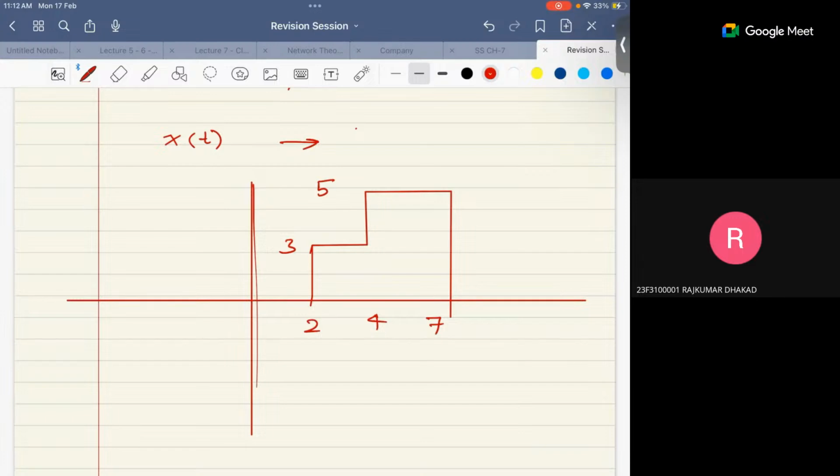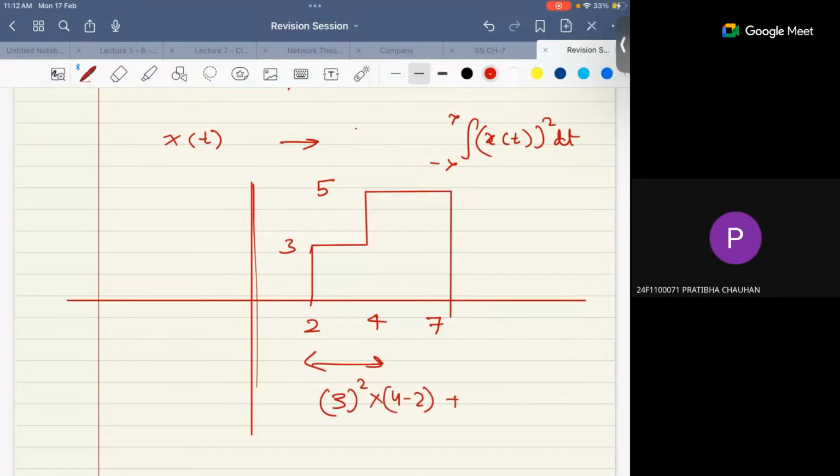Integrate first x(t) whole square. You can see that from 2 to 4, the value is 3. That means 3 whole square times (4 minus 2) plus 5 whole square times (7 minus 4). Correct? This is the energy.